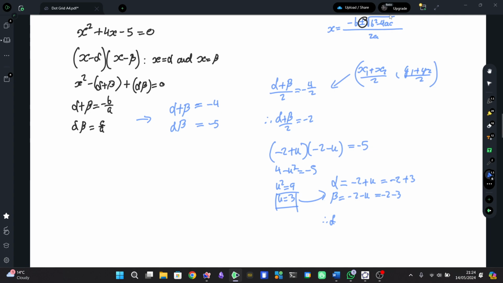Therefore alpha is equal to 1 and beta equal to minus 5. Which are the roots. So if you didn't know, that's just x is equal to 1, x is equal to minus 5.